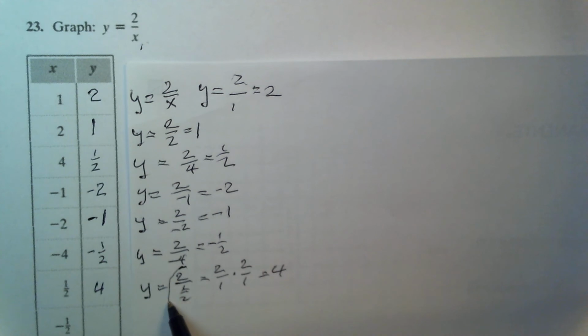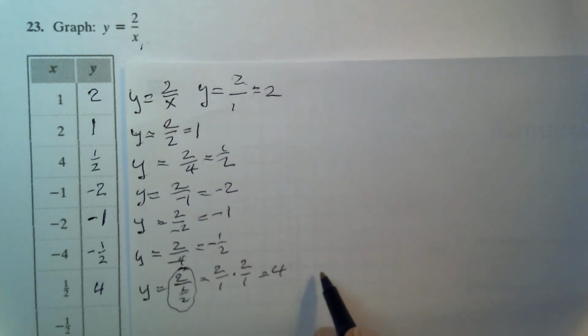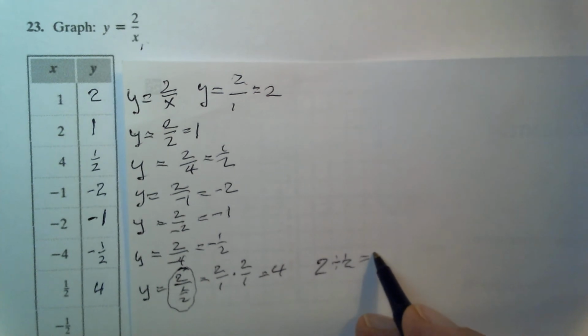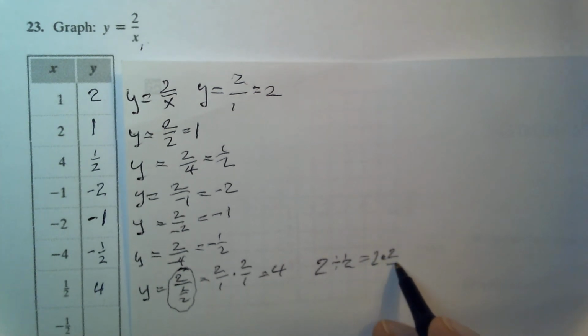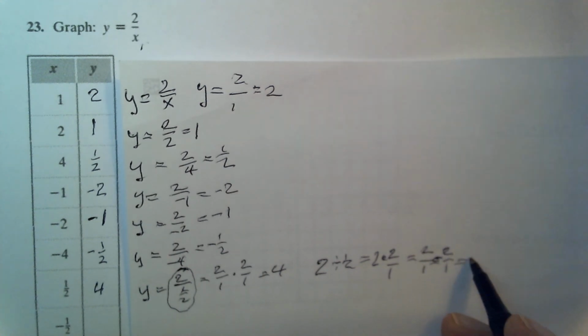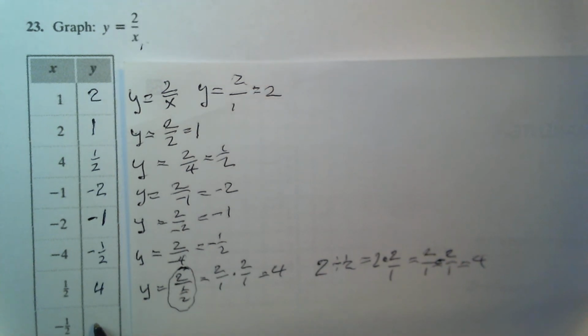So if this gives you a little trouble, 2 divided by 1/2, that's 2 times 2 divided by 1, which is 4, right? So similarly, when x equals -1/2, y equals 2 divided by -1/2, that becomes -4.